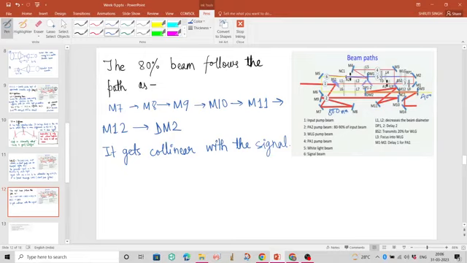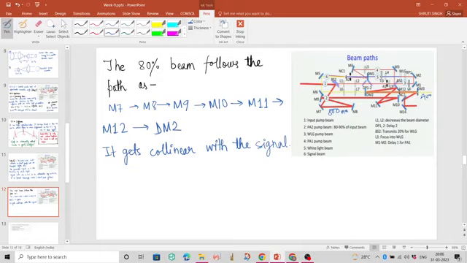NC1. So this many mirrors were to align this, to check the path length, to make the alignment such that the pump beam has a collinear geometry with the signal.